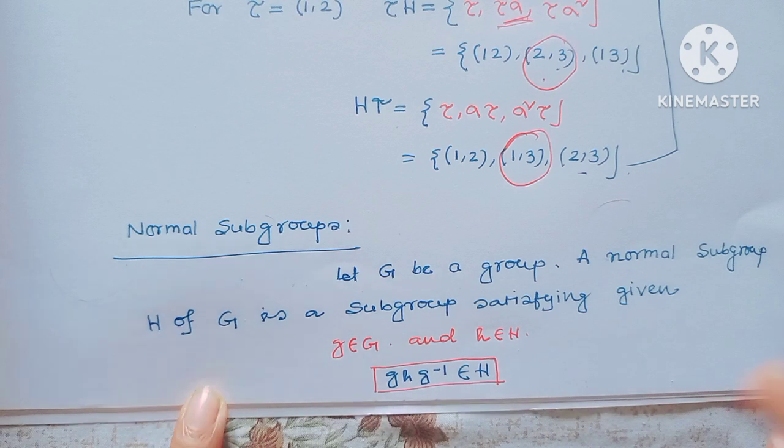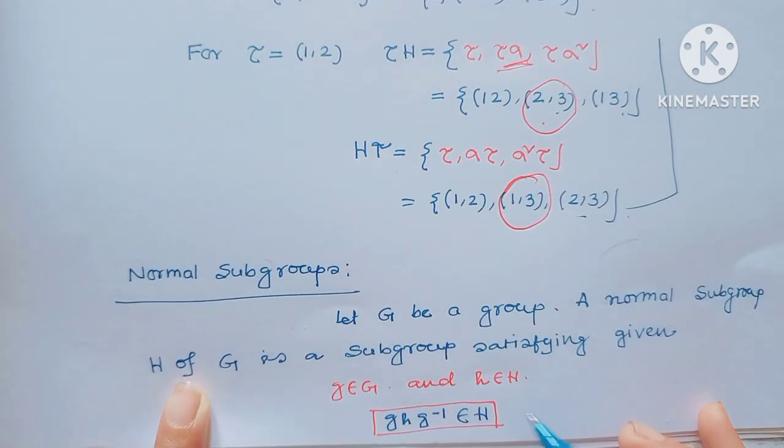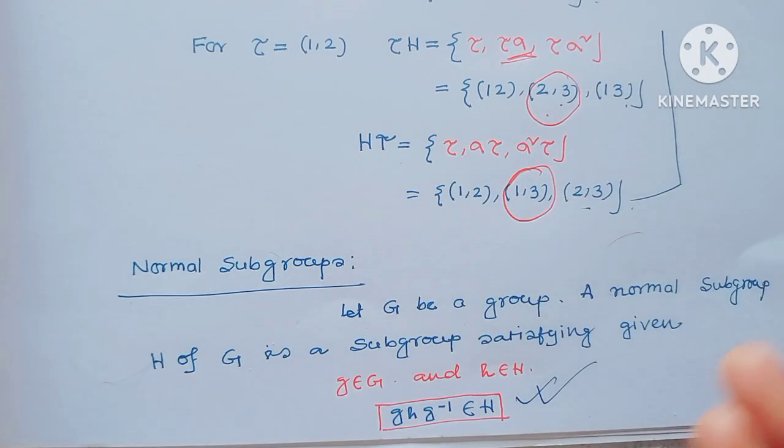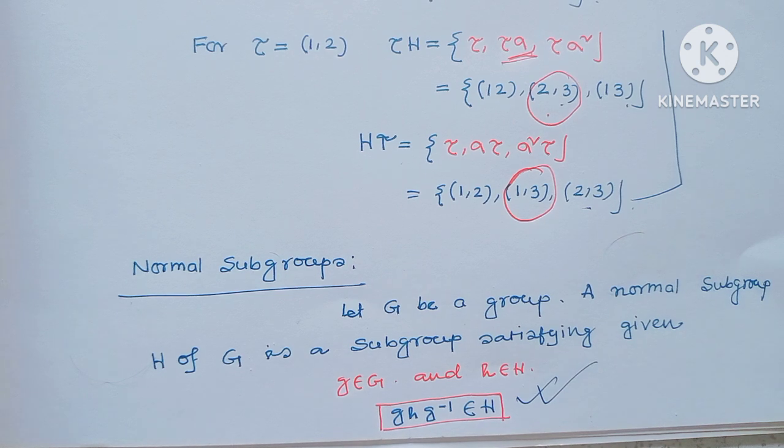So this is another definition of a normal subgroup. This is actually the same. This means the left coset and right coset are both equal. We all of us know this part.